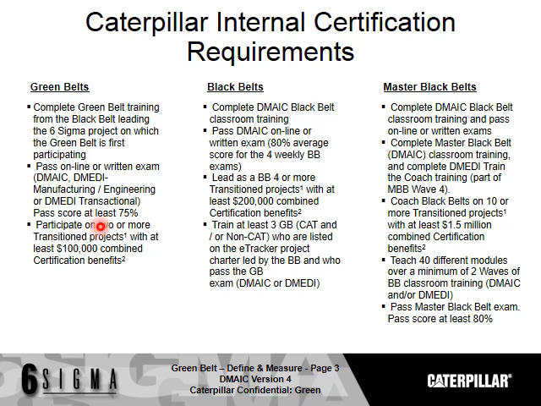Participate in 2 or more transition projects with at least 100,000 combined certification benefits at US. For black belts, there are higher levels of requirements. Similarly, for master black belts, there are elevated levels of requirements.